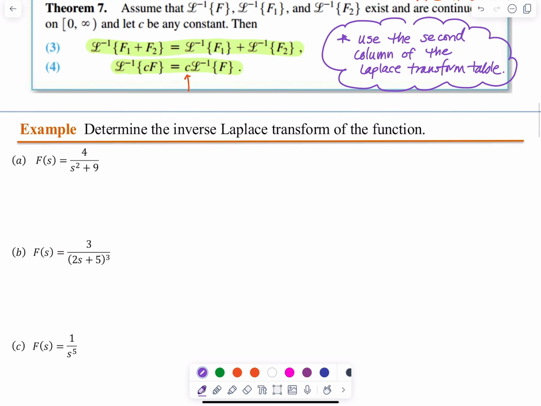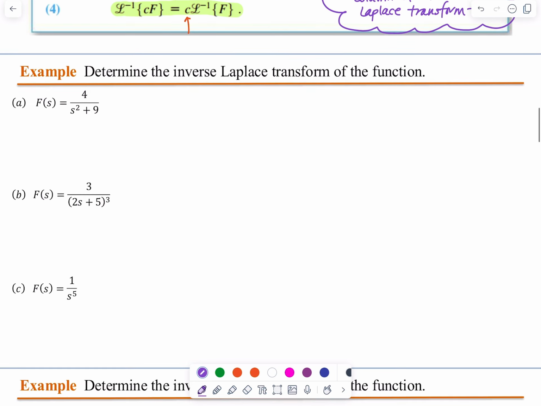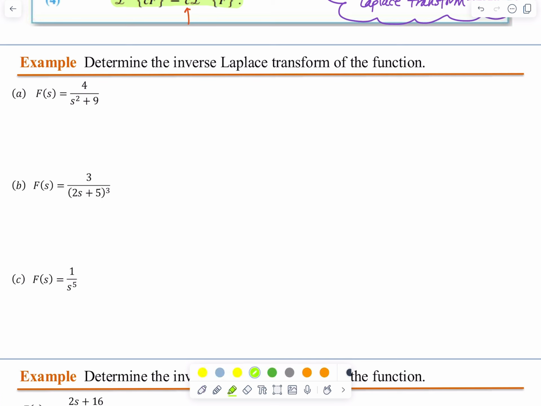We are given that the Laplace transform is 4 divided by s squared plus 9, and we are looking for the inverse Laplace transform. We're seeing something very similar to the sine function. I'll just show you on this one from the second column of the table.